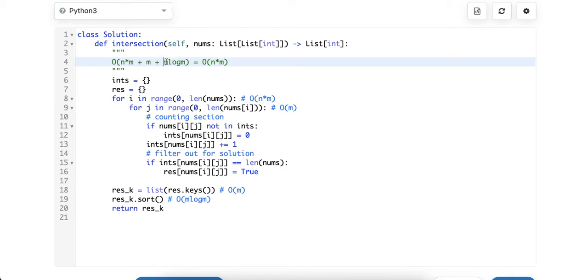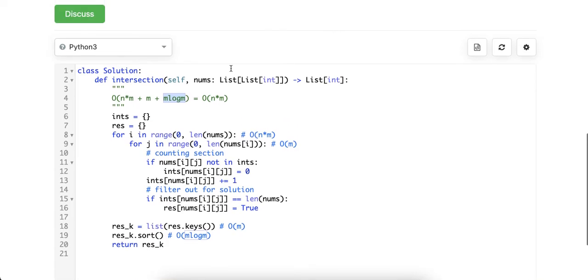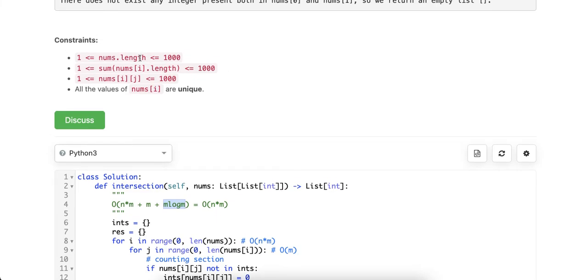Because m log m definitely, well, it really depends. Because, let's see, the length can be 1000, while nums[i][j] is also 1000.